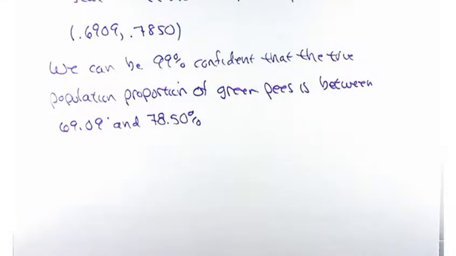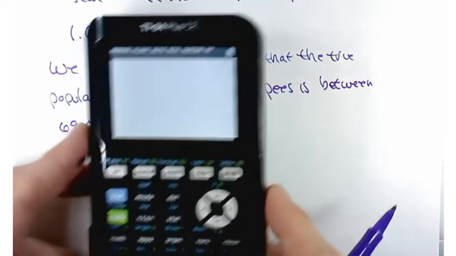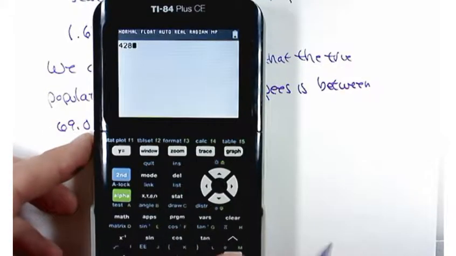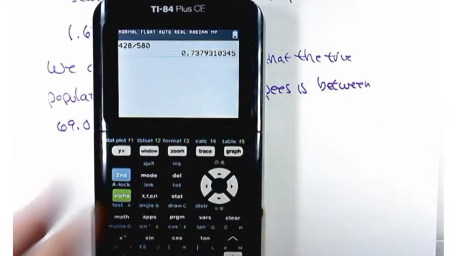Now, the follow-up question to this is, based on the theory of genetics, Mendel expected 75% of the offspring peas would be green. Given that the percentage of offspring green peas is not 75%, do the results contradict Mendel's theory? Well, let's see here. 428 divided by 580 was 73.79%.